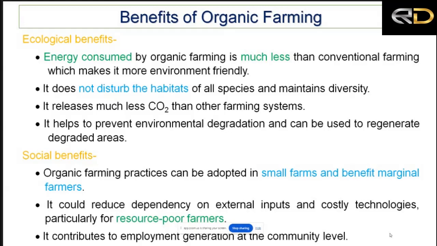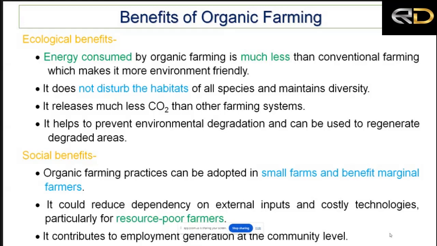If we adopt organic farming, we will not disturb those habitats and species, and we will maintain diversity. Then the overall environment will be less affected, and it will be a more environment friendly system.